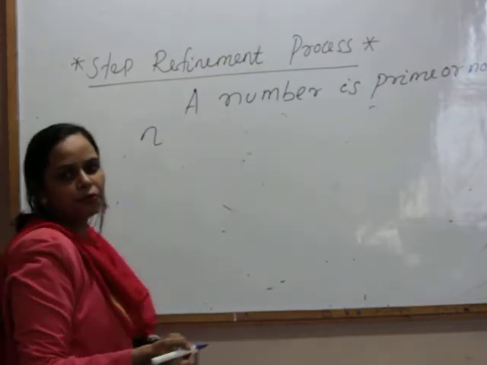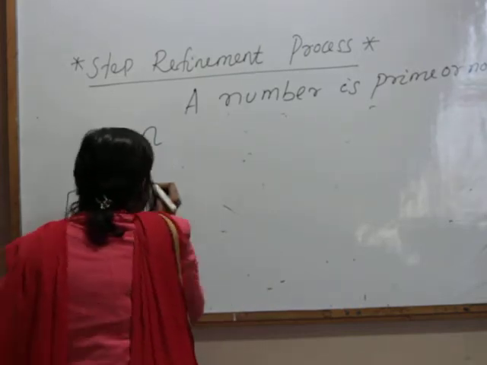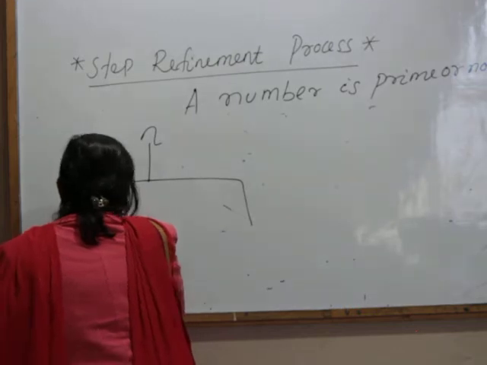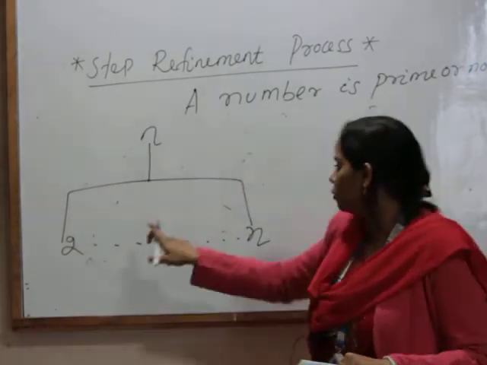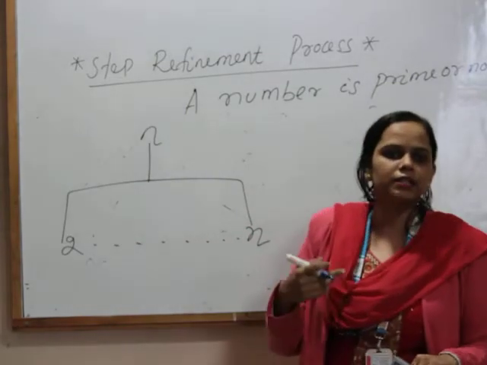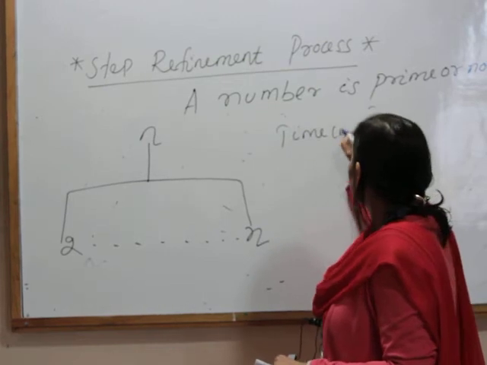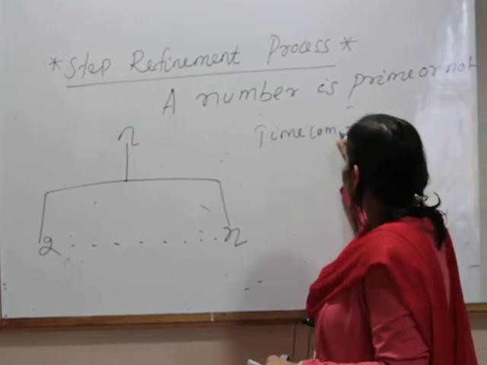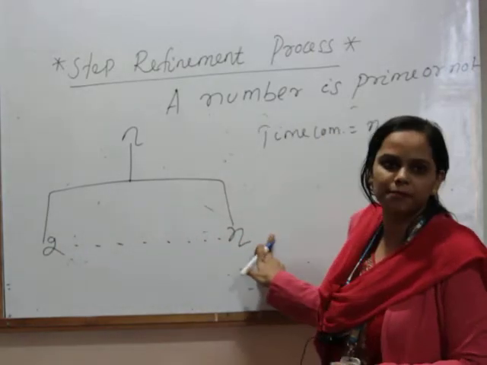You have to find the divisors, meaning which numbers can divide this n. You can start from 2 to n. If you consider 2 to n, the time complexity will be n, because you have to go through 2, 3, 4, 5, 6, all the numbers up to n.